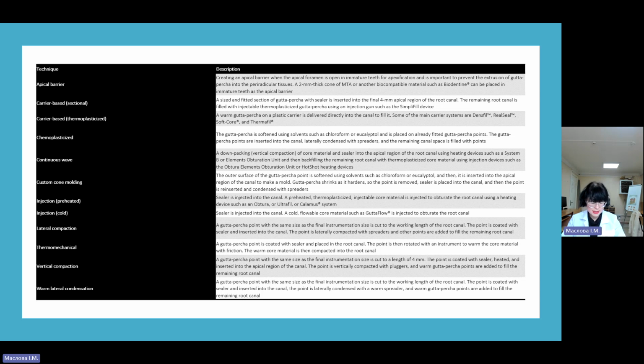Later, work investigated White Bond, a resin-modified glass ionomer cement, as a sealer. It was found the bond to gutta-percha was not better than with a zinc oxide eugenol sealer, but there was good adaptation to the root canal wall and it penetrated into dentinal tubules.